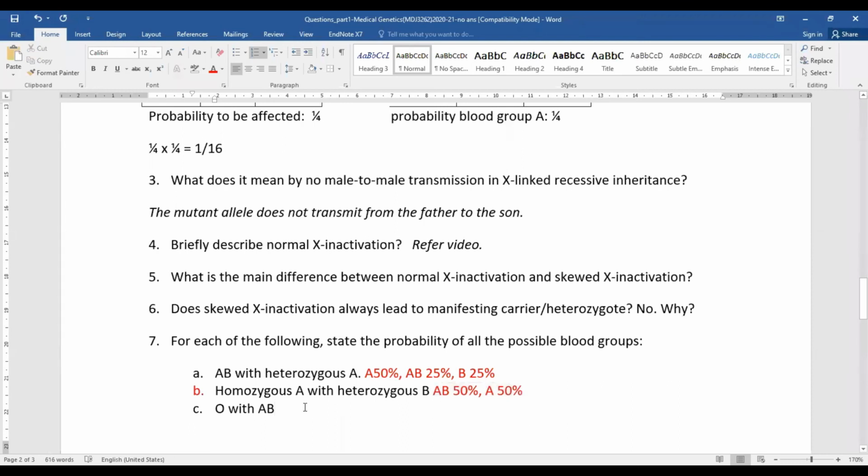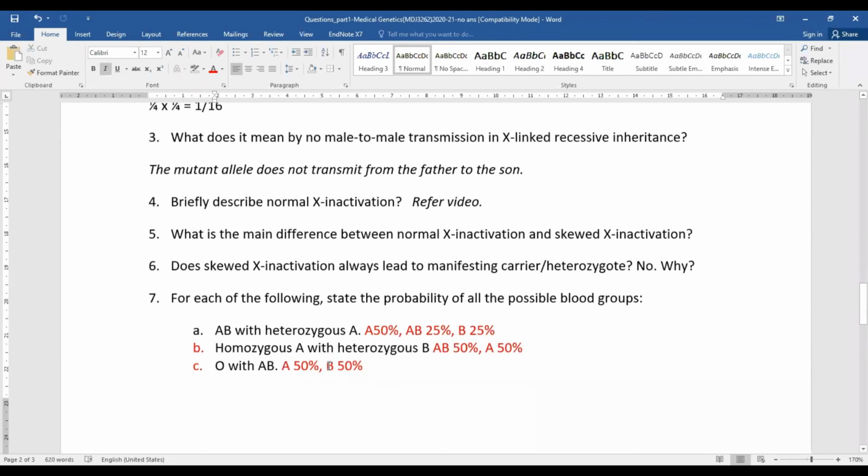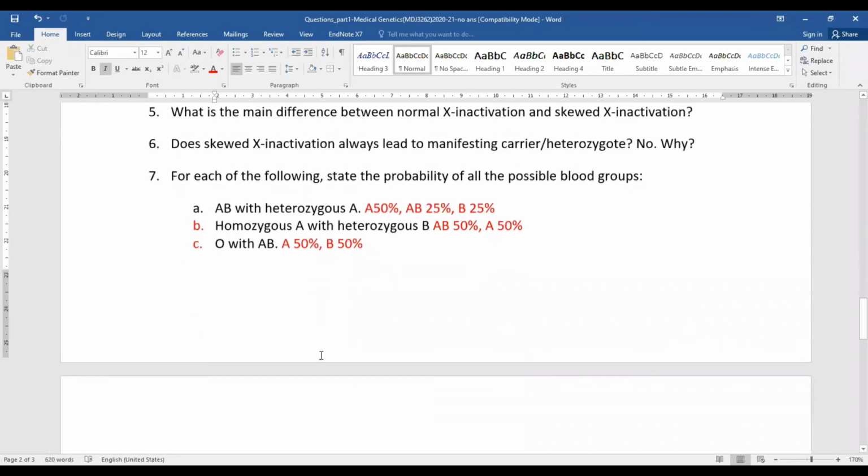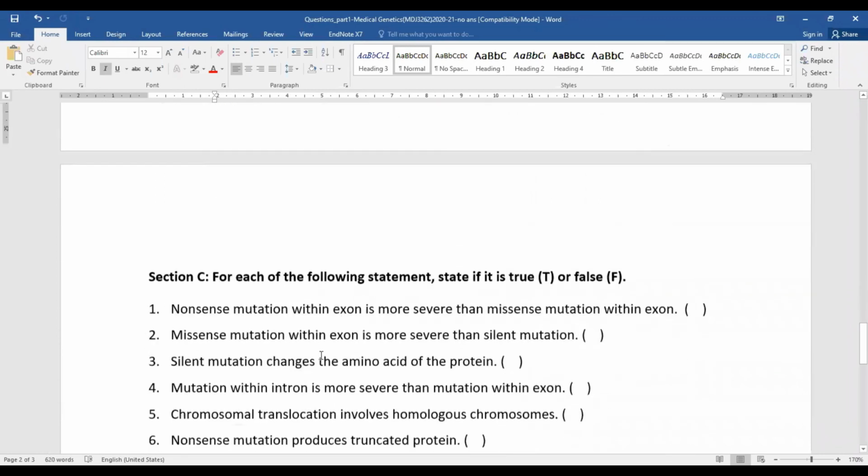And then this one is A 50%, B 50%. Okay, you all got it? Anybody got different answers or not? No? All right. Okay, so that is part B.